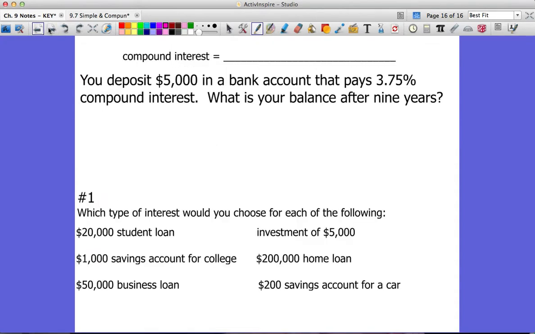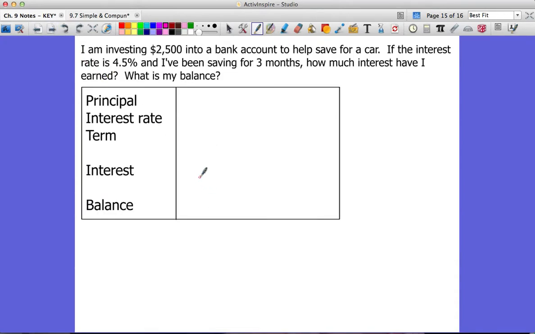Now, you have this problem that I want you to try on your own. And I do want you to post this answer on Edmodo. So I want you to tell me P equals, R equals, T equals, and then tell me what you get for the interest, and then tell me what you get for the balance.